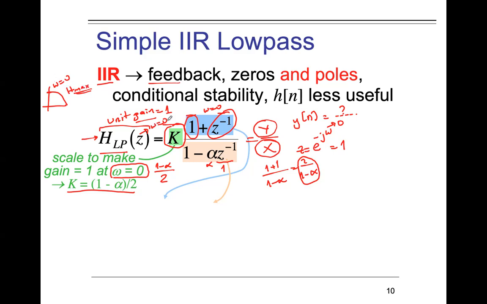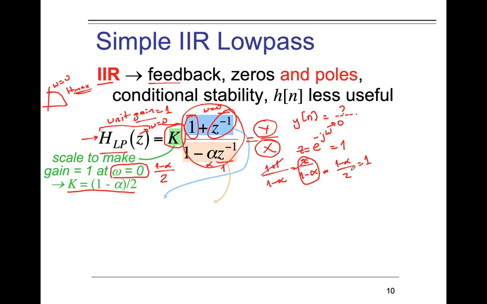I put omega equals 0 and I find this K. Why do I have this K? K is a kind of coefficient in order to make this a unity gain filter. Do we understand this part? I want a unity gain filter because if K is 1 minus alpha divided by 2, for the maximum value of this, multiplying this by this will be equal to 1, right?